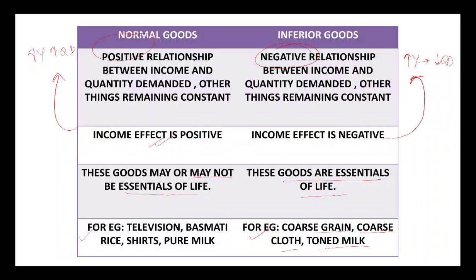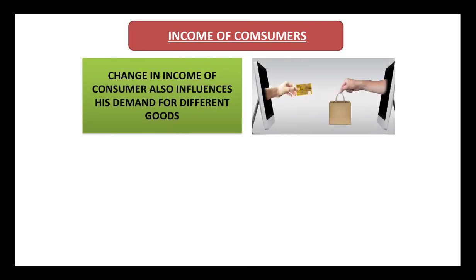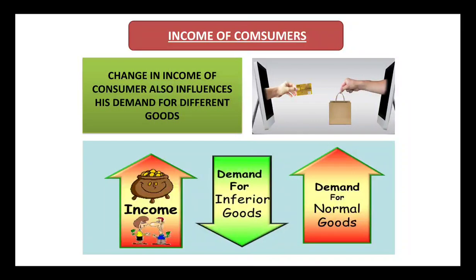So toned milk might be an inferior good, but A+ quality milk might be a normal good for a person. That's why change in income is the third factor that we are studying. If the income is increasing and you are demanding less of that commodity, that will be an inferior good. And if you are demanding more of that quantity with the increase in income, that might be your normal good.